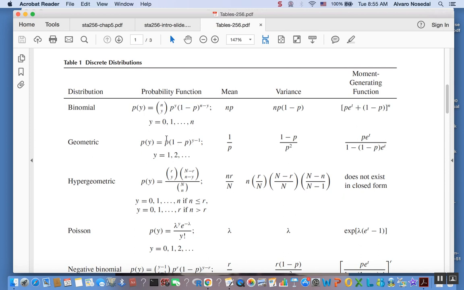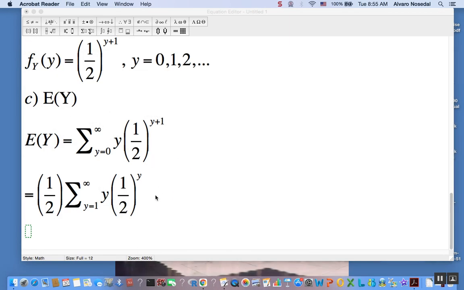So if p were 1/2 here, the probability mass function would look like this: 1/2 times 1 minus 1/2, to the power y minus 1, and the possible values for the geometric are 1, 2, 3, so on, right? Values from 1, 2, 3 up to infinity, check.